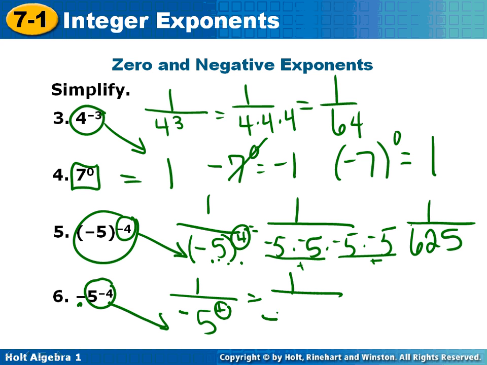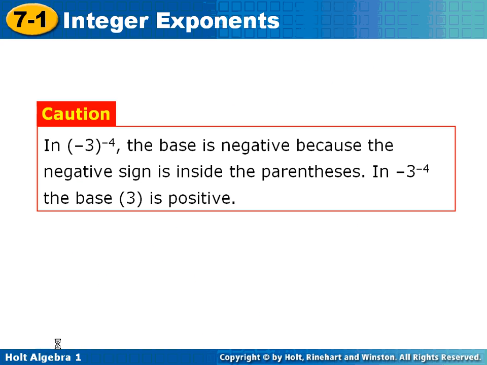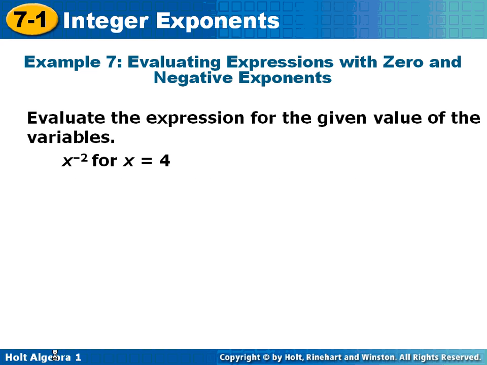What this means is negative, only one of them, 5 times 5 times 5 times 5, which is 1 over 625, and it is negative. That negative can go on the top, the bottom, or the middle. Be really careful. In negative 3 to the negative 4 with parentheses, the base is negative 3 because the negative is inside the parentheses. But in this one, that negative just means negative 1, and then 3 is to the negative 4 power.